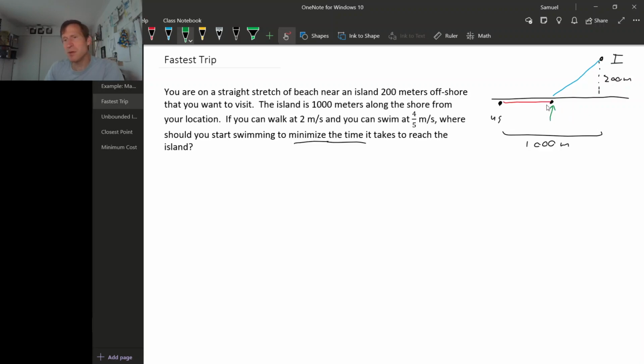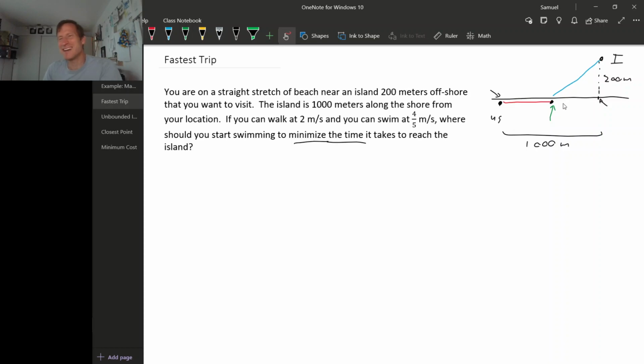To describe where this takeoff point is, we could measure that from anywhere. The two obvious choices are, we should either measure it from where we start, or we should measure it from this right-hand end here, this spot on the beach that's closest to the island.